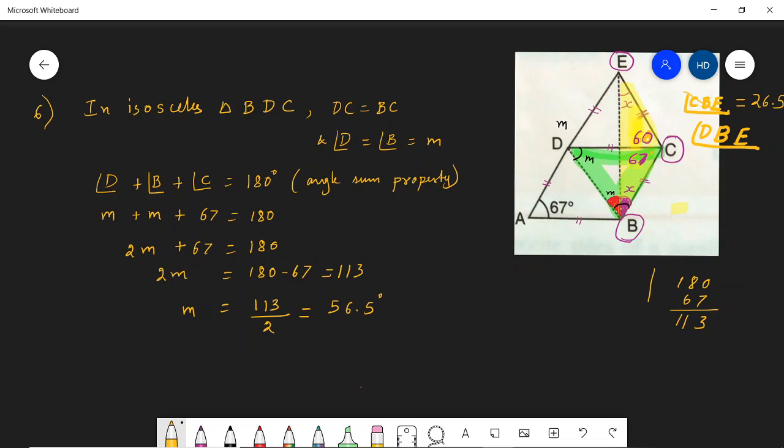After this, angle DBC equals angle DBE plus angle CBE.